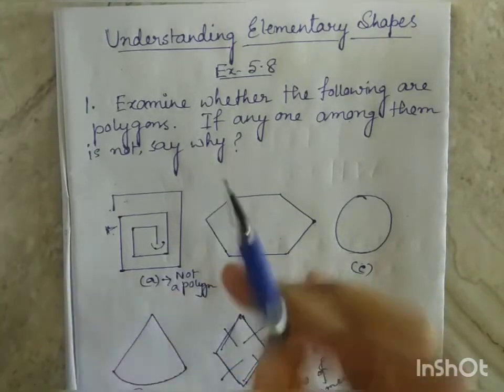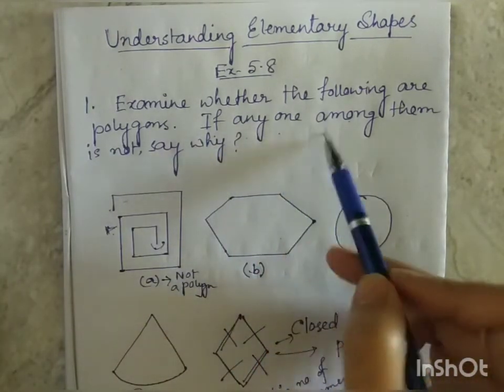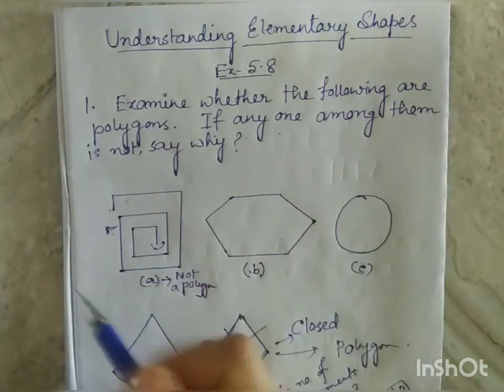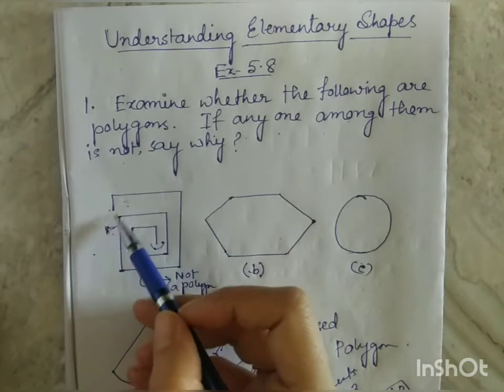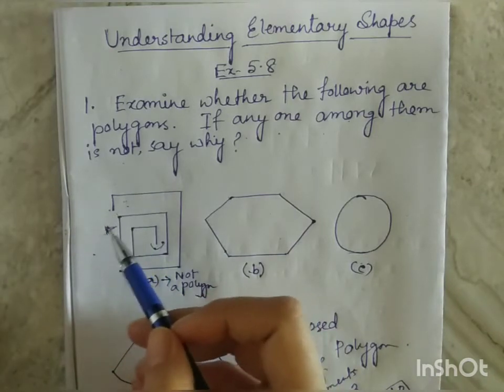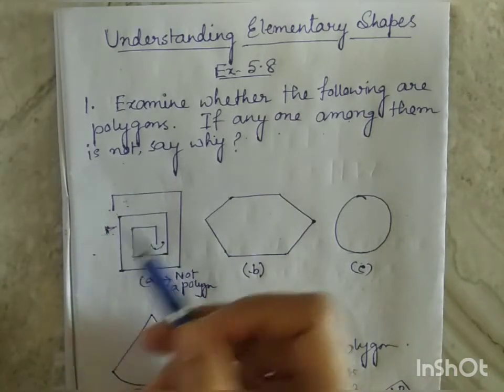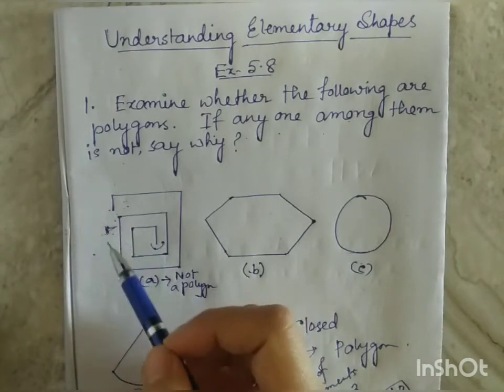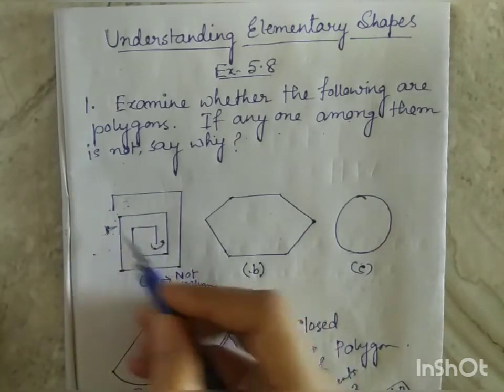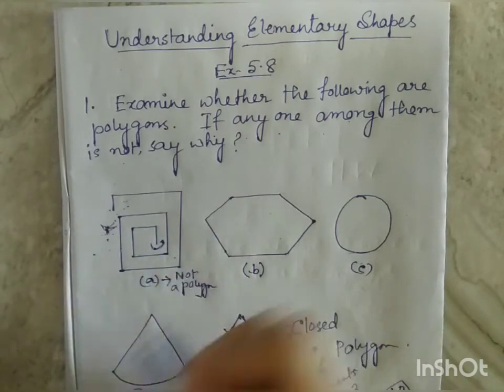Here it is also written, if any one among them is not, then say why. This is not a polygon because it does not fulfil the criteria: for being a polygon it must be a closed figure, but this curve is open.